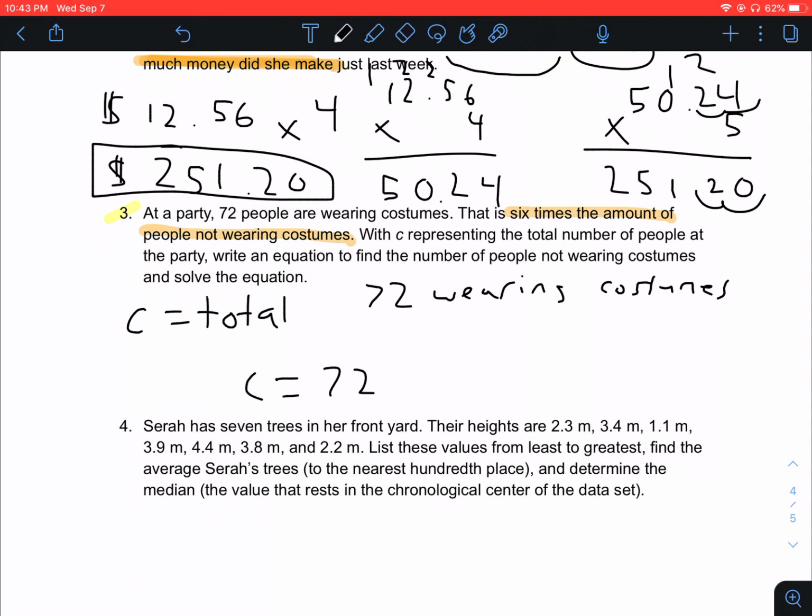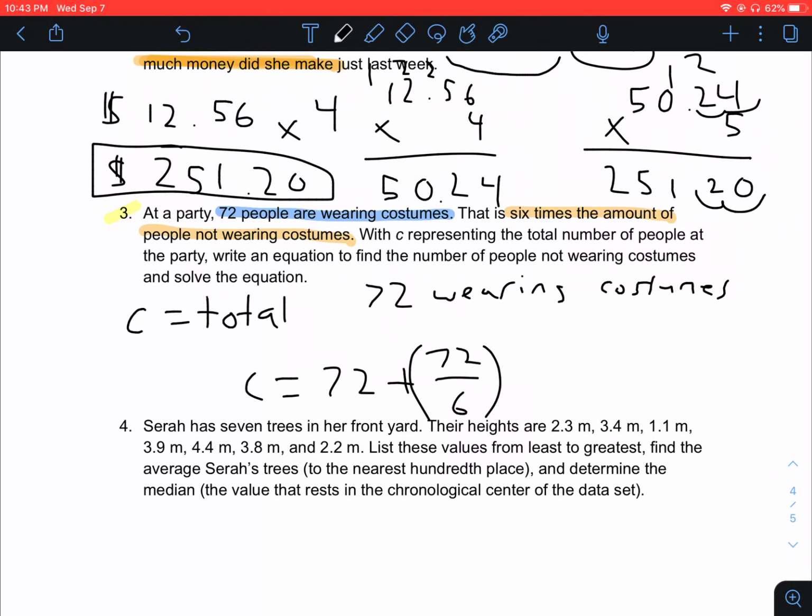So we are going to do C as a total and make an equation. There are originally 72 people wearing costumes, so we'll keep this number, 72. But then 6 times the amount of people are not wearing costumes. So we're going to put 72 over 6 because this is the times of the people not wearing it. Make sure you put this in parentheses.